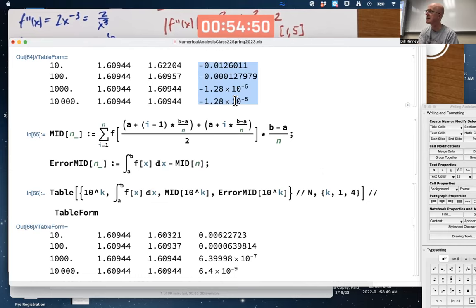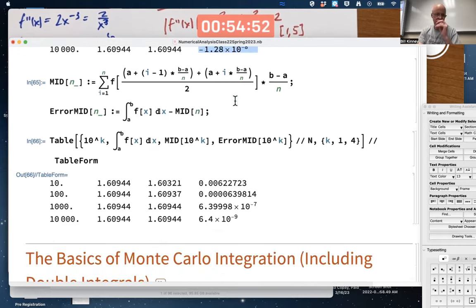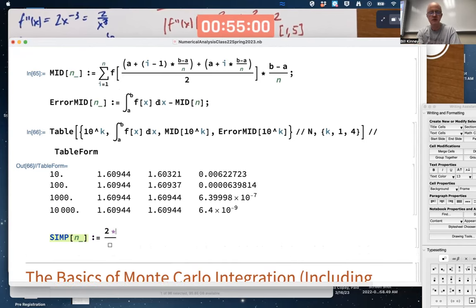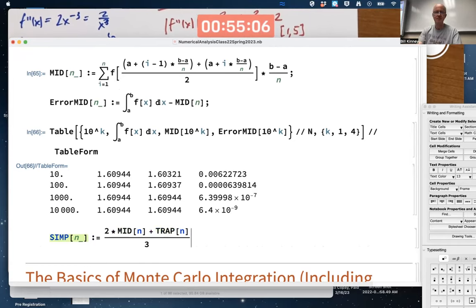And that's what motivates Simpson's rule in this approach to being a weighted average of mid and trap, where you give mid twice the weight because it does twice as good.